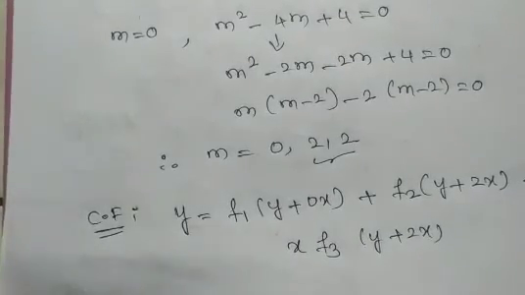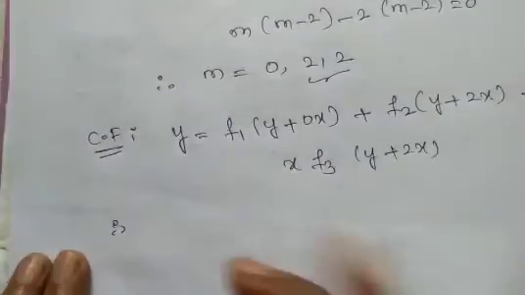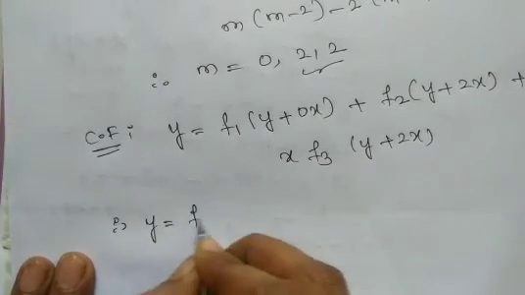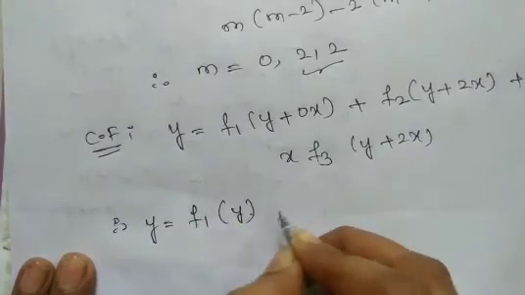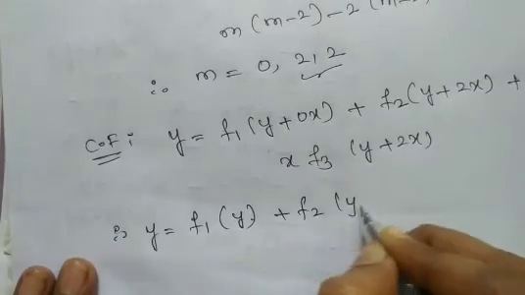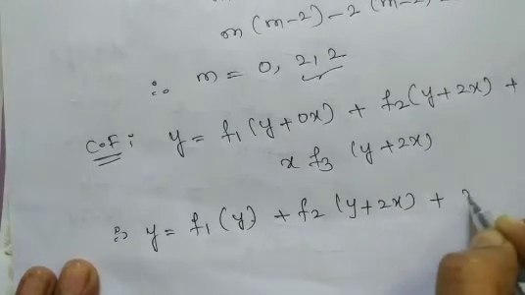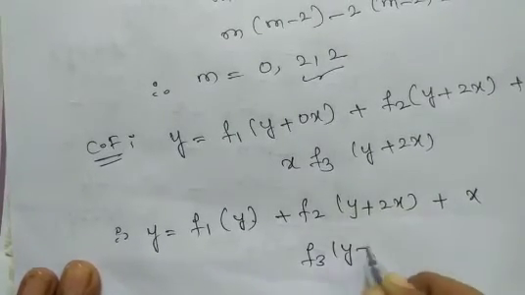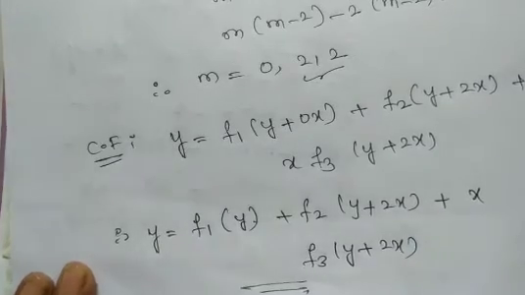So therefore here y equal to f1 of y plus f2 of y plus 2x plus x into f3 of y plus 2x. So coming to the particular integral.